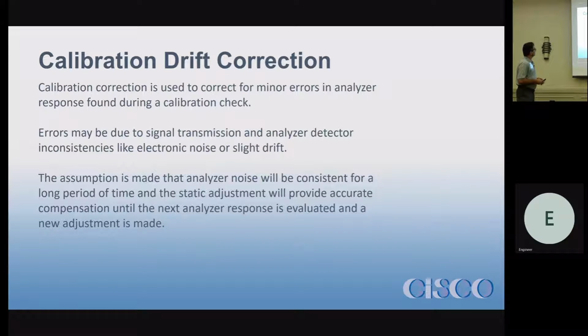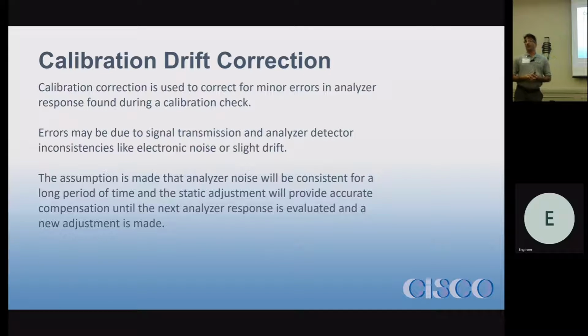So the purpose of it is to adjust for minor errors in the measurements. So an analyzer, it's electronic. You've got cal gas that's under pressure and has to go up to the probe and come back down. There's lots of reasons why there's going to be analyzer drift on a daily basis. As long as that drift is very small, we can make adjustments to it and say, okay, we got a little bit of error.